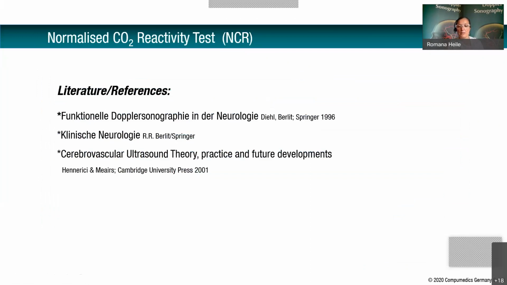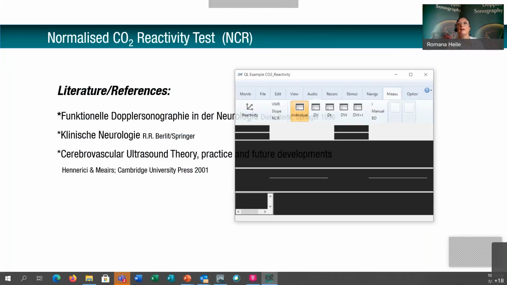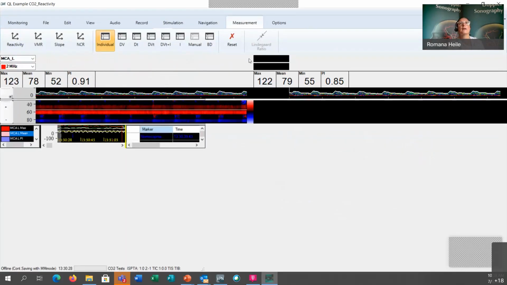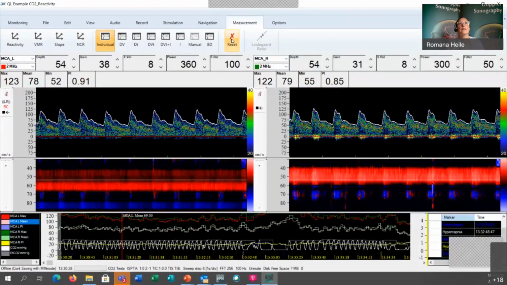So let's see how this looks in the QL software. Where is my QL? Since we also need the entire CO2 and end-tidal CO2 calculation based on the formula, it will look more or less the same, but not using the hyperventilation part. So again, we are looking here for a steady state of normal ventilation, normal breathing.